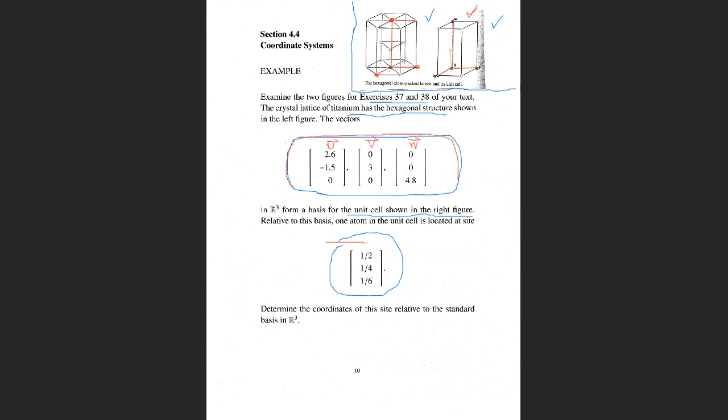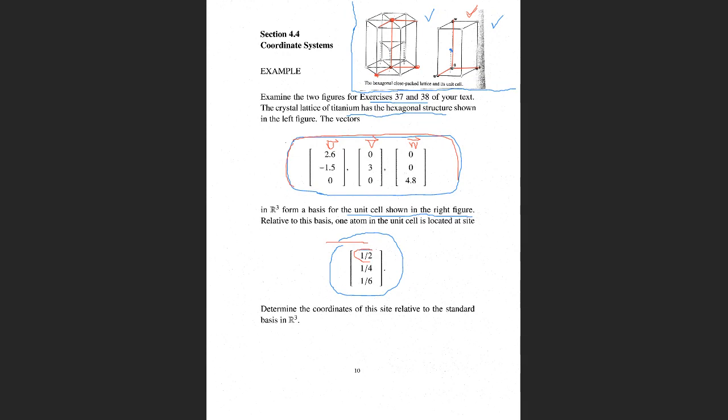So the half, fourth, and a sixth, okay, means that, let me keep my colors a little different, the one half, and by the way, you can see it right here in the picture. Here's the cell they're talking about.